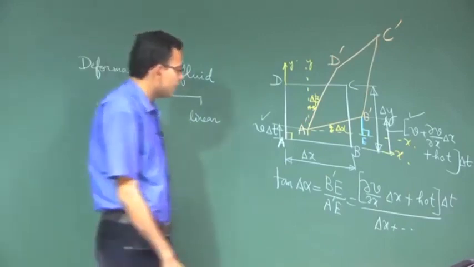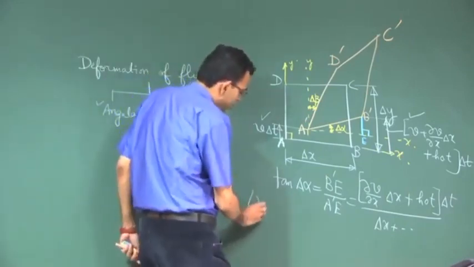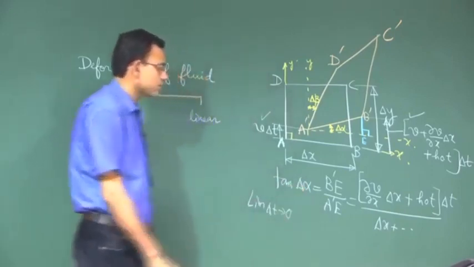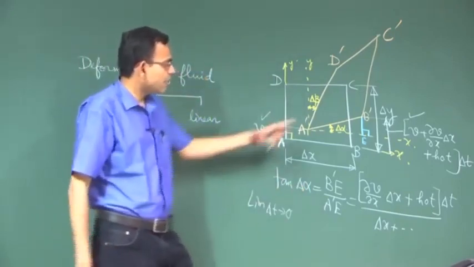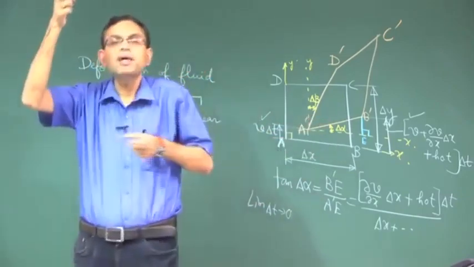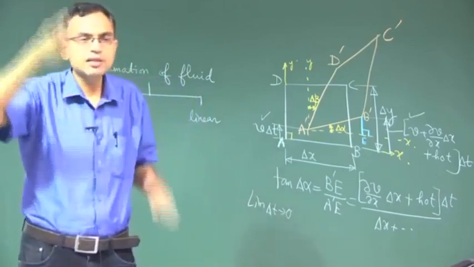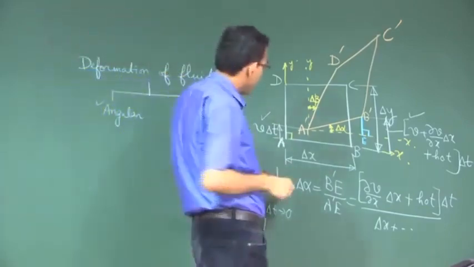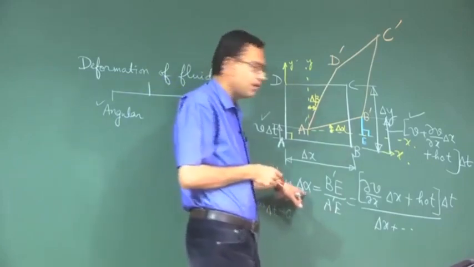Now, if you take the limit as delta t tends to 0, then delta alpha will also be small. In a small time you cannot really have a very large deformation or large change of angle. So, delta alpha will be small and therefore tan of delta alpha will tend to delta alpha.